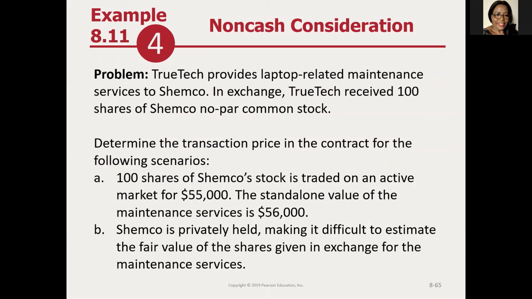A, 100 shares of Shemco stock is traded on an active market for $55,000. The standalone value of the maintenance service is $56,000. B, Shemco is privately held, making it difficult to estimate the fair value of the shares given in exchange for the maintenance service.